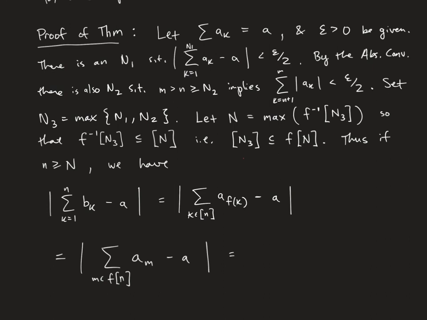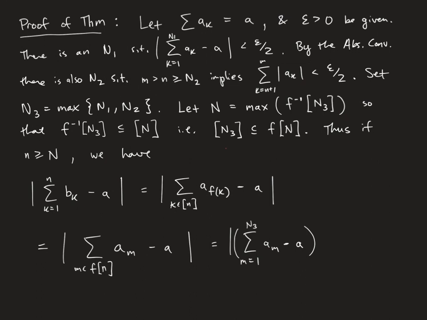So what we can say is this is the sum from, say, m equals 1 to n3 of the a_m's. We want to group that with A, because we know this partial sum of the a's is going to be close to A. And then we'll have all of the other stuff.